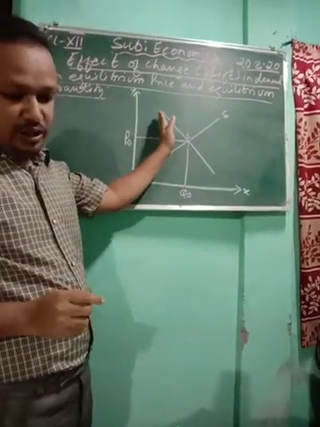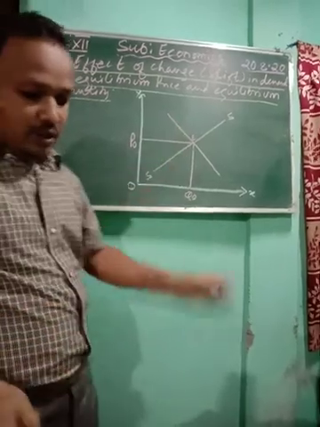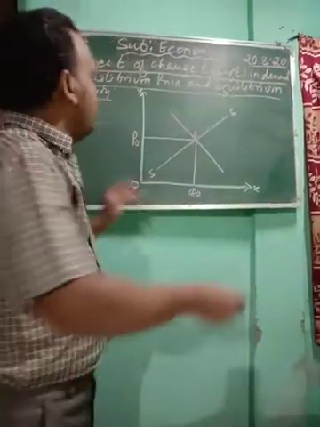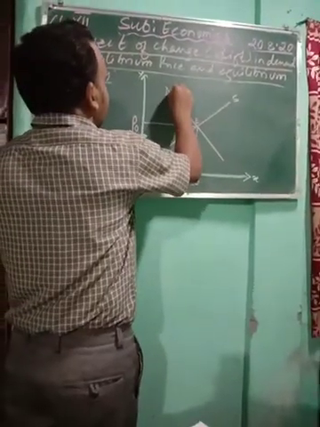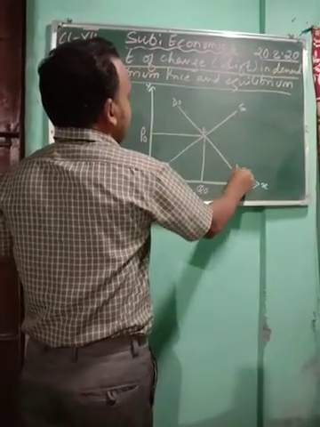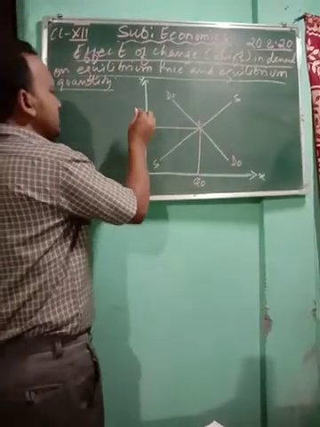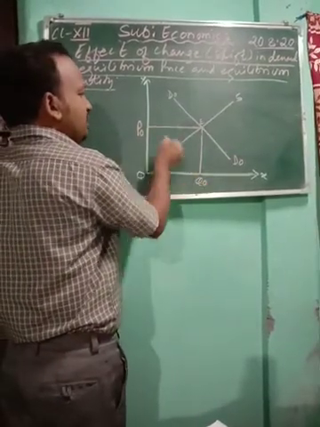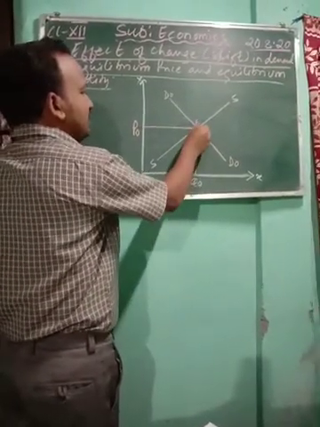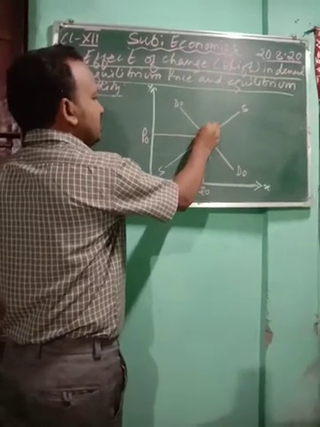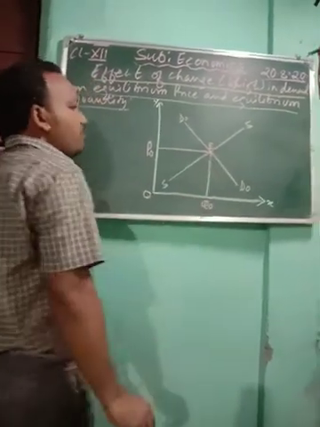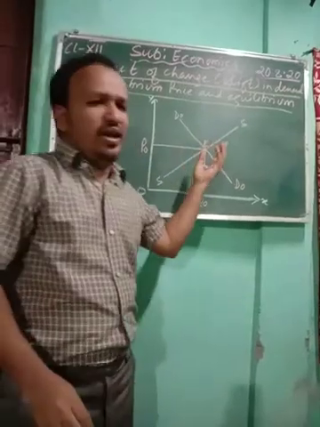Now this is your demand, D0, we are calling it D0 because there will be a shift in demand. Now you see, this is the equilibrium price and this is the equilibrium quantity. When demand and supply are equal, this particular point is said to be your equilibrium point. So this is your initial point.